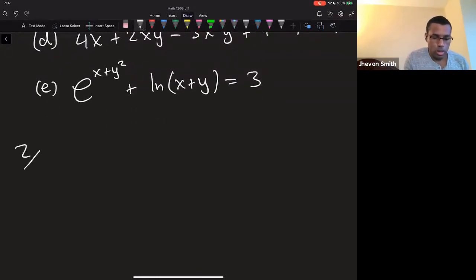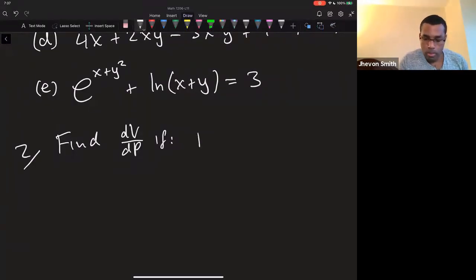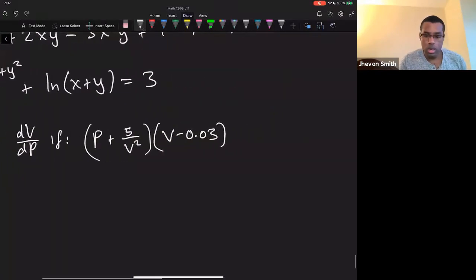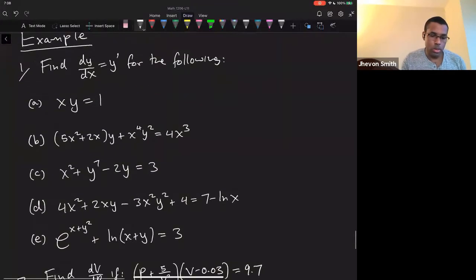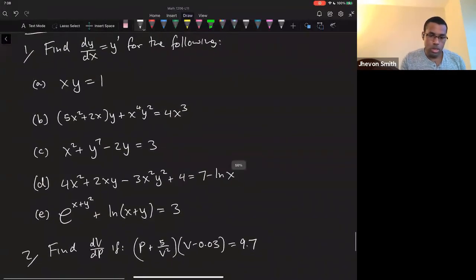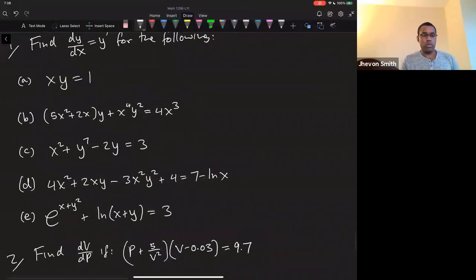2. Find dv dp if p plus 5 over v squared times v minus 0.03 is equal to 9.7. So those guys.